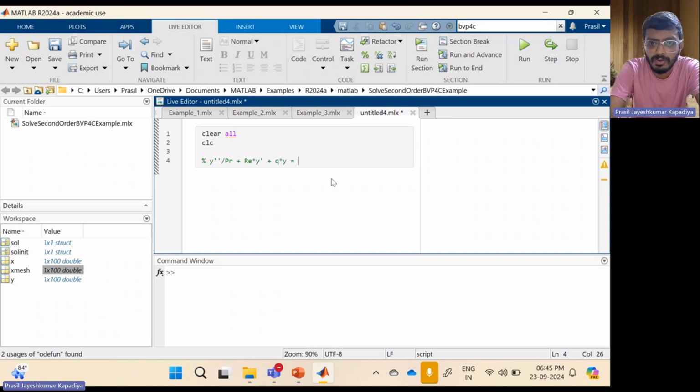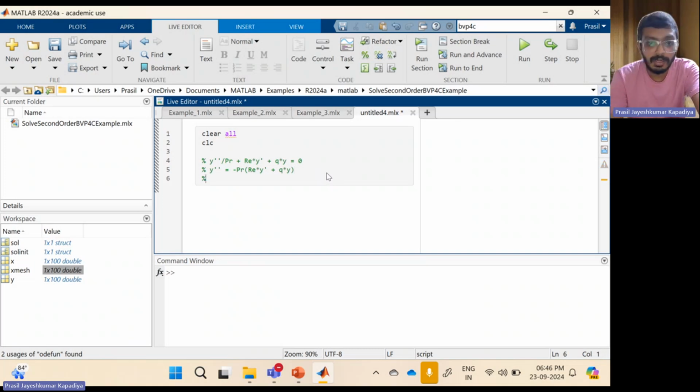Q into y is equal to 0. So my equation will be y double prime is equal to this term: first negative of this term, and this whole term is multiplied with Prandtl number. So this is my equation 1, y double prime, and this is my equation 2.